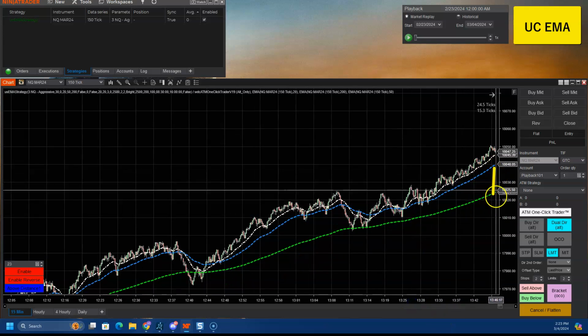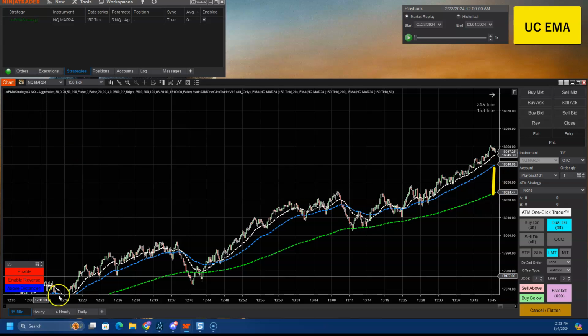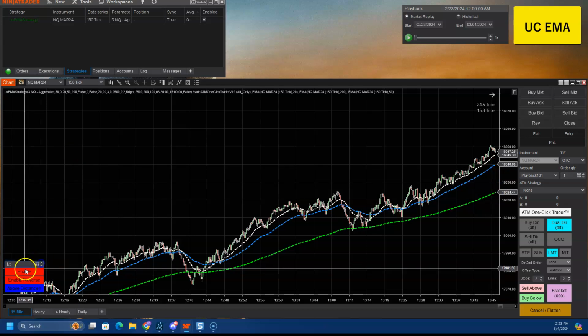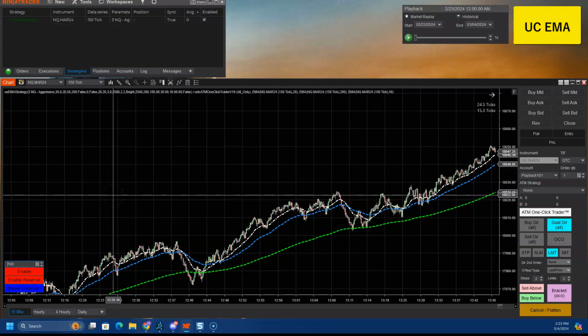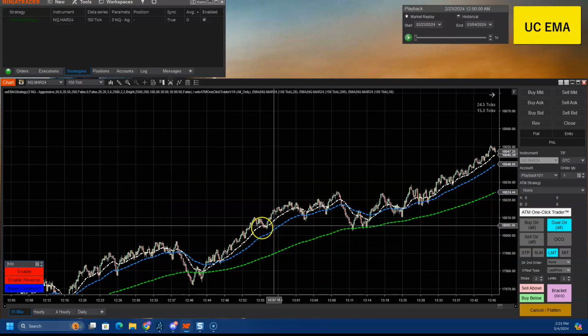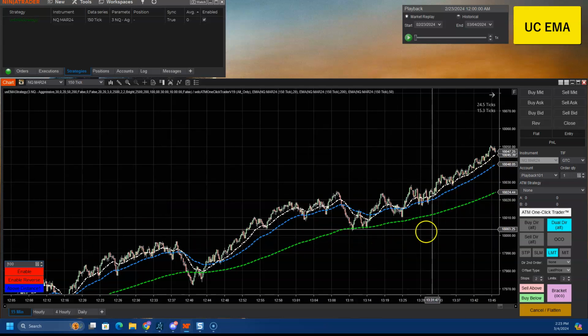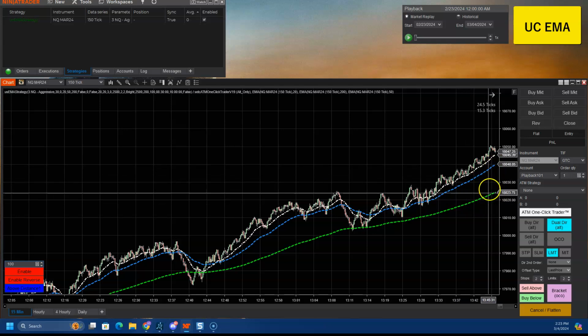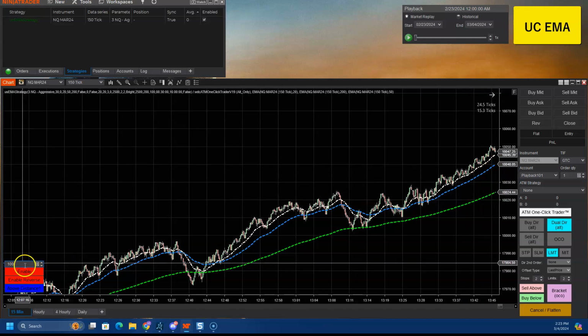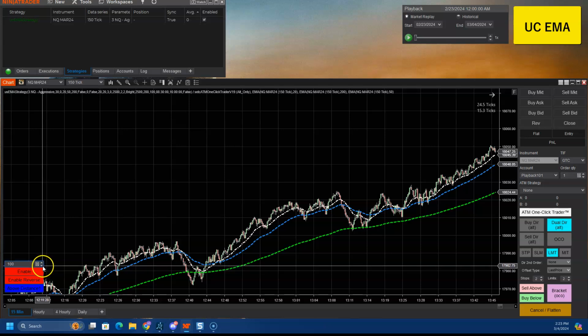Because the distance is right now 16 points, and you had set this at, let's say, 100 ticks, which is about 25 points, right? So in order for you to take the trades while the market is trending, it will not take the trade until the difference goes more than 25 points, right? So in order to change that, you have to adjust the difference, right?